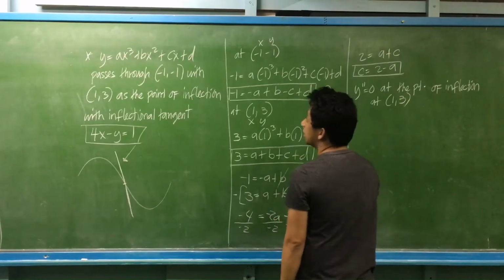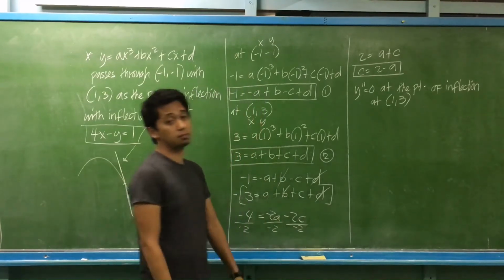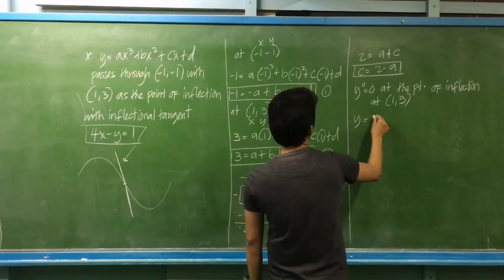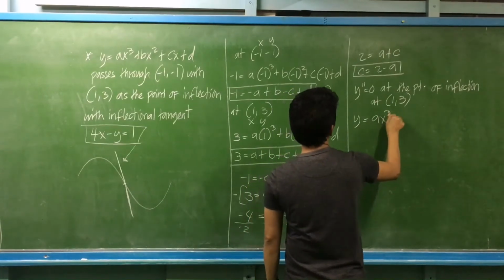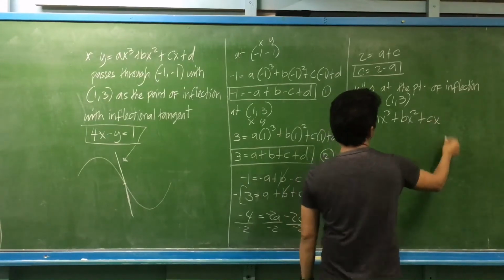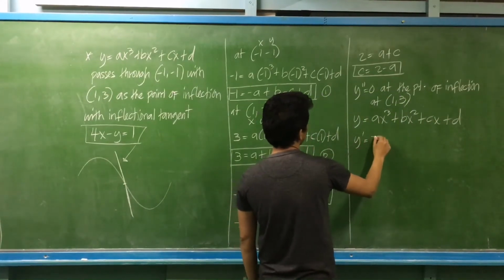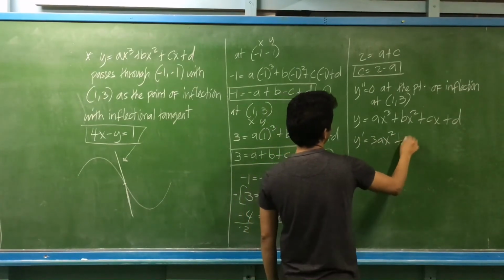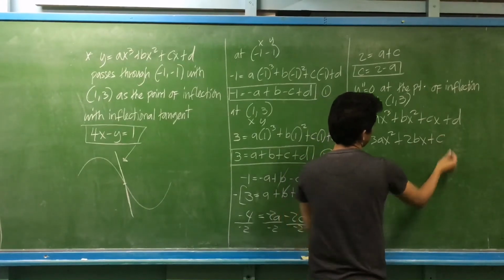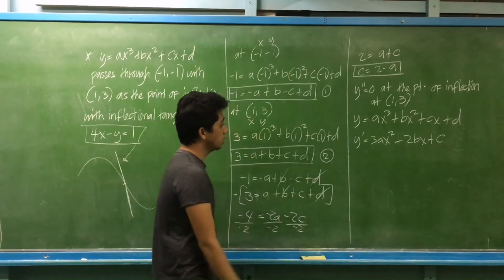So all we have to do is determine the first derivative and the second derivative of the function. So we have y is equal to ax cubed plus bx squared plus cx plus d. We have y prime is equal to 3ax squared plus, being the exponent is 2, 2bx plus c, derivative of d is constant, that is 0.